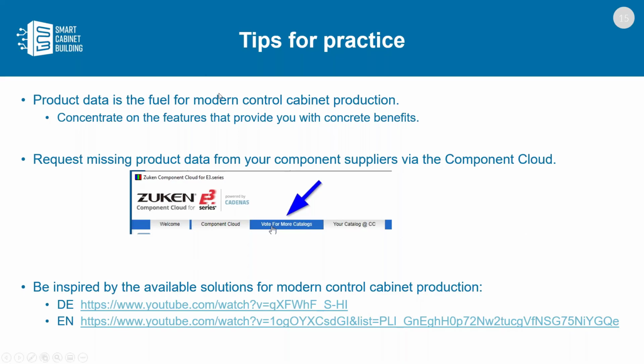So you do not need the complete properties of a component if you only want to start with one or two automated or semi-automated production.